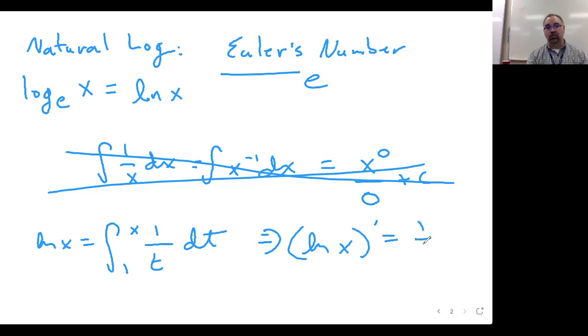You get 1 over x. And that becomes a very big deal for us as we work our way through this chapter. That's the definition we're going to go with: 1 over t dt on the interval 1 to x gives us natural log of x. More importantly, when we differentiate natural log of x, we get 1 over x.